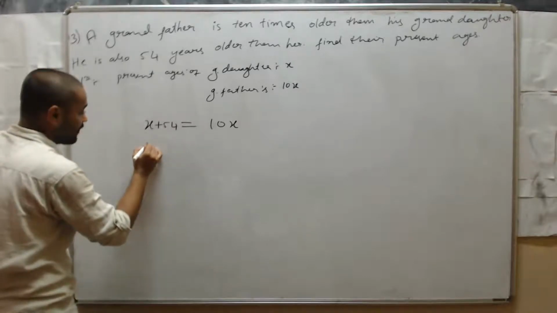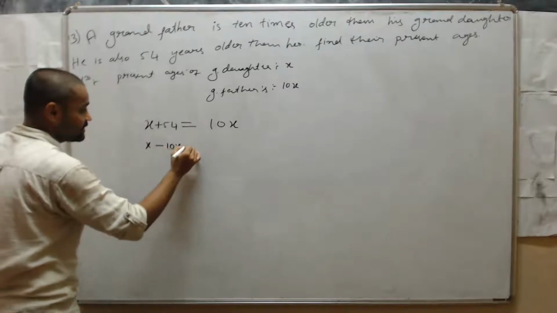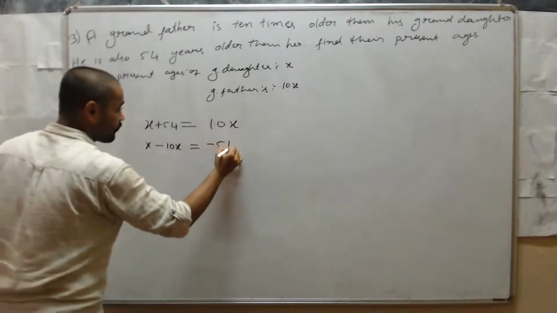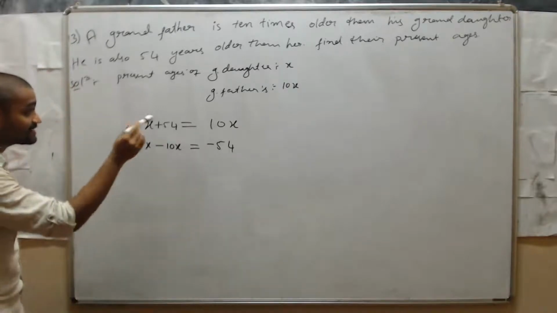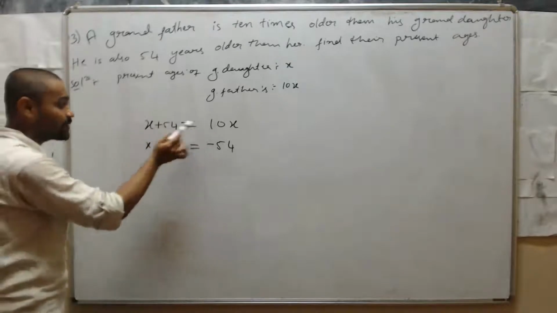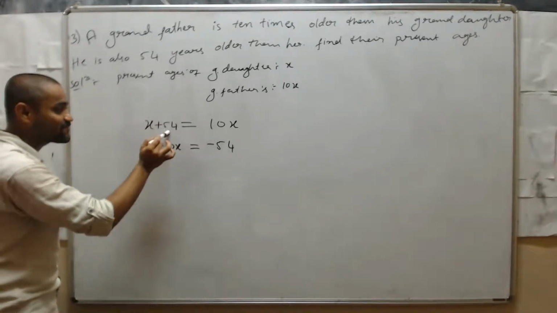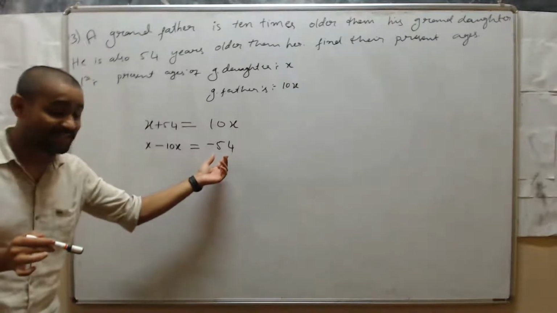See here, I will take x minus 10x is equal to minus 54. Why, sir? What did you do? No, sir, nothing I have done. That is, 10x will transpose to here, that will become minus 10x, students. Then plus 54 will transpose to that side. It becomes minus 54.